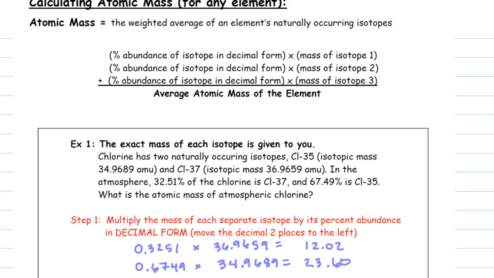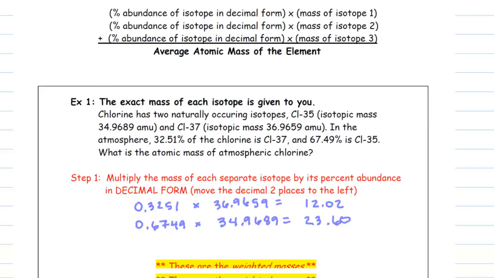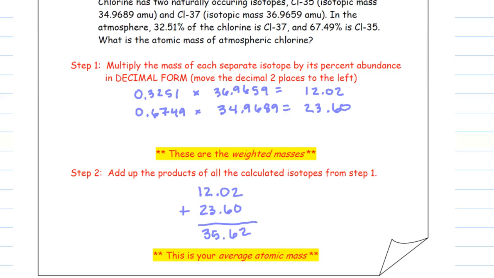Then we're going to take the second isotope, and multiply its atomic mass in AMUs by its percent abundance, and we're going to get 23.60. We're going to take these 2 values, add them together, and this is the average atomic mass. And if you want to check yourself, we're getting that the average atomic mass for chlorine is 35.6.